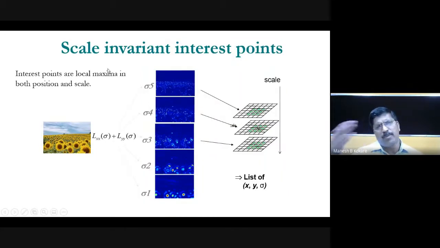You can also obtain the scale invariant features by obtaining the images with multiple scales, and then you can normalize the things, and then you can get the scale invariant properties. So the interest points of local maxima in both position and scale can be achieved.